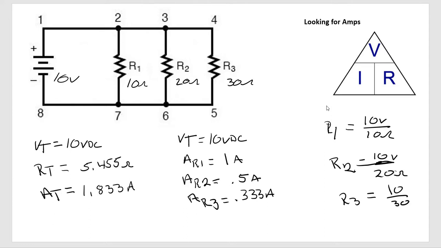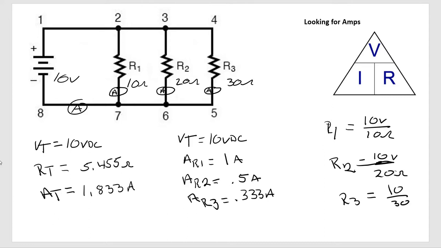And if we add them all together, because this branch and this branch and this branch, if this point right here is my total amps, and then I just measured right here and got 1, and I measured right here the amps and I got 0.5, and I measured right here.